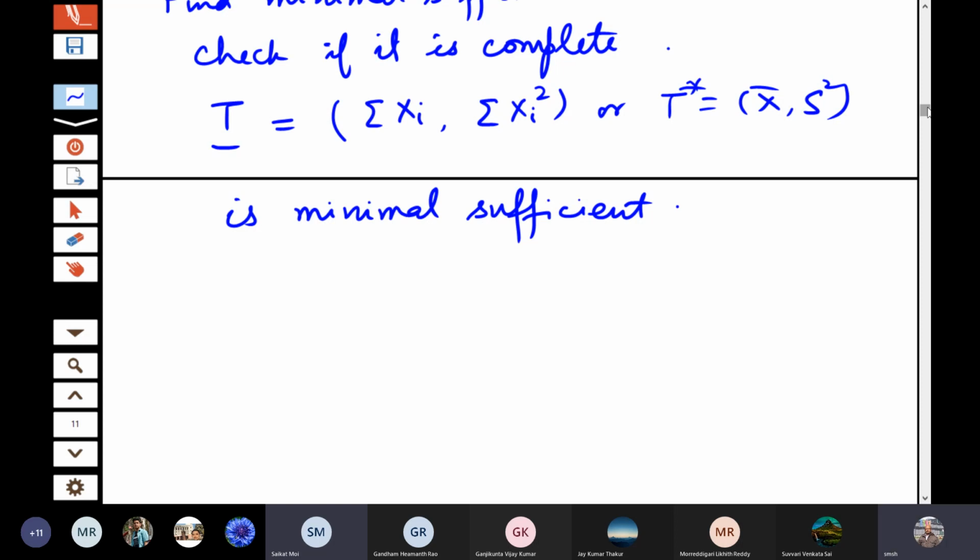So expectation of X bar minus S square is not 0, and your statement will not hold here. You have to check separately; something else has to be tried. Either it is complete or not complete. If it is not complete, then you have to get a similar function.